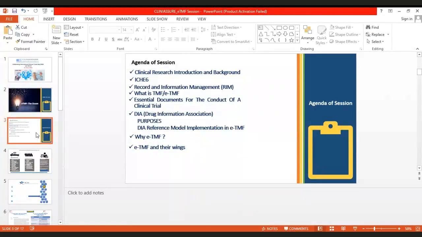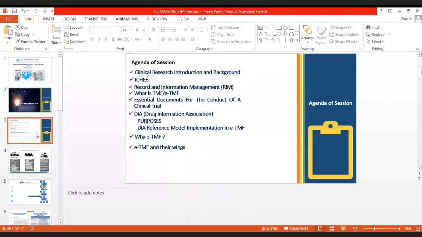Okay, so as per the agenda, the first line of the agenda is clinical research introduction and background. This will let us know what clinical research is and what the requirement of clinical research and clinical trials is, what all the phases are, and why we are so focused on clinical trials even in the current situation, as you know COVID-19 is there and the entire world is looking for clinical trials and drug development or vaccine development.